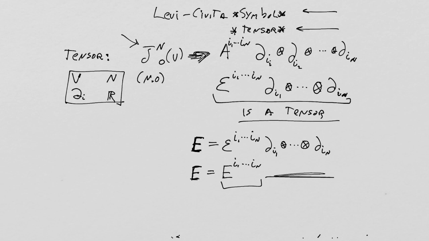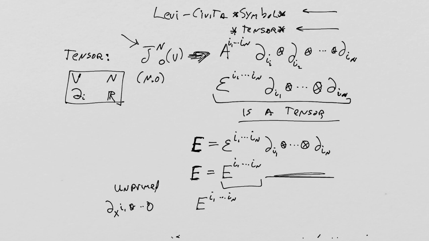So, to blend these two together, what I'm saying is that the components of the tensor E in the coordinate system, which I'll call the unprimed system, are phi of x, I sub 1 through I sub n.